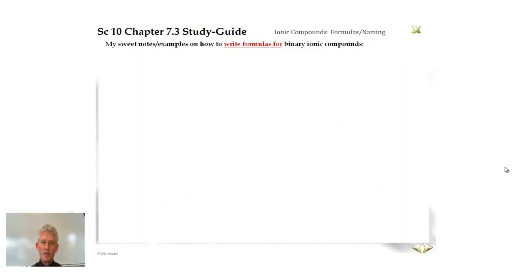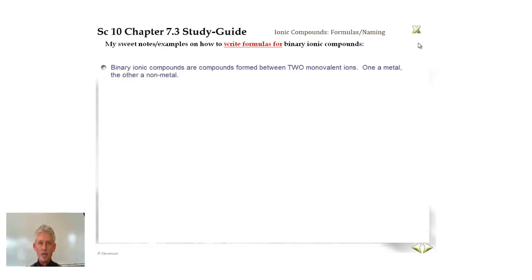So, moving right along, these are the notes. These are the basics in terms of writing formulas for simple binary ionic compounds. Binary ionic compounds are formed between two monovalent ions. In other words, these are ions that only have one charge. You look at your periodic table, you see that sodium is +1. It's always +1.